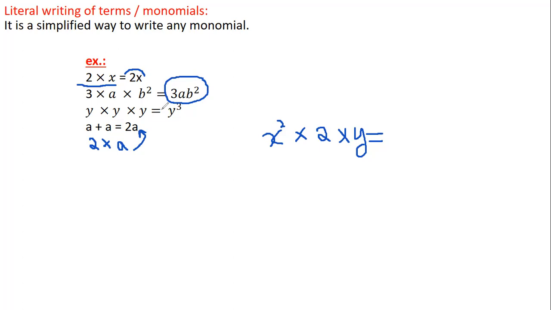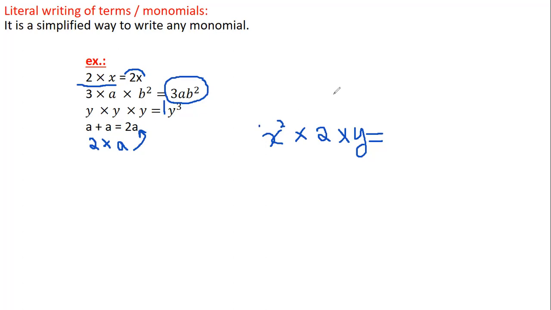It is plus, because we have no sign. What is the coefficient? Any monomial without a written coefficient, its coefficient is 1. Only when the coefficient is 1, there is no need to write it. So for coefficient 1, there is no need to write 1y cubed. We write directly y cubed.